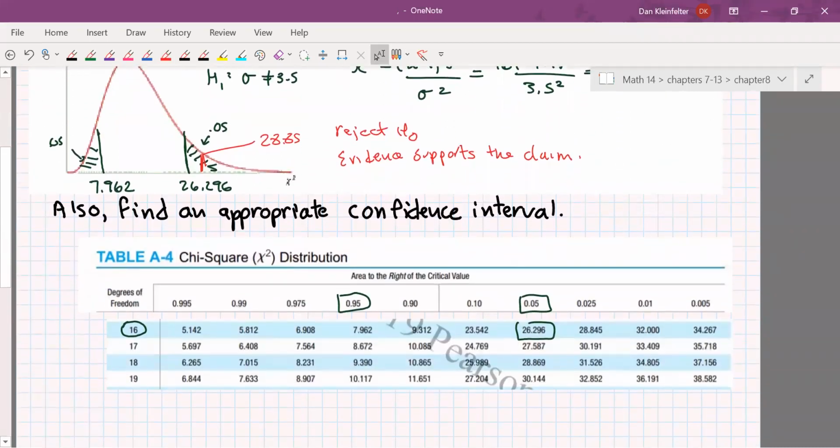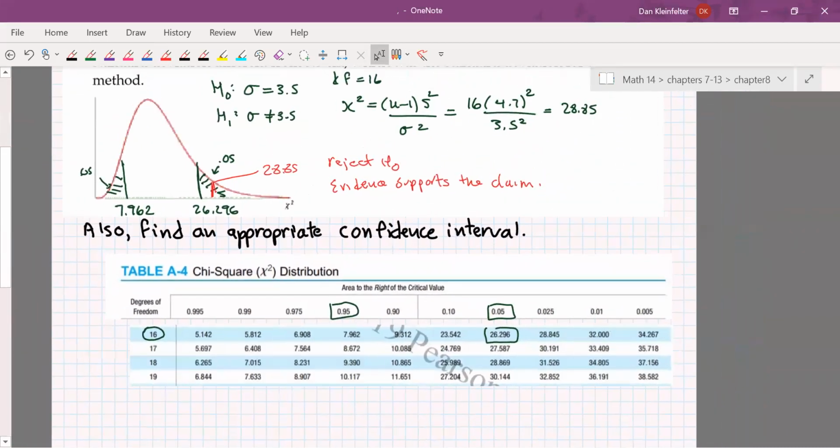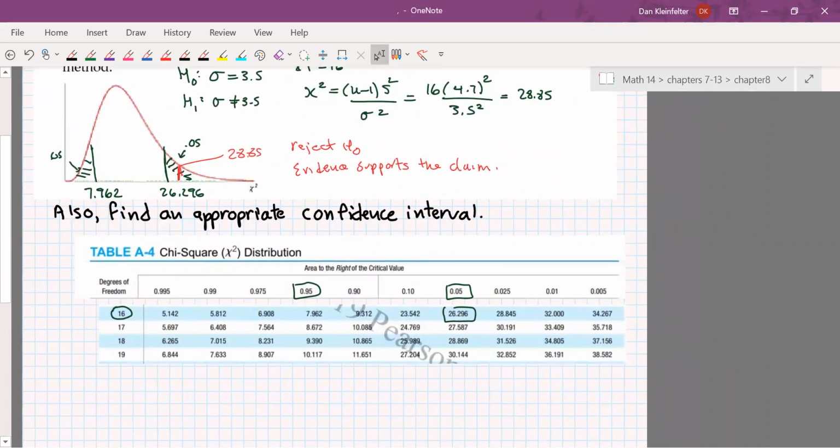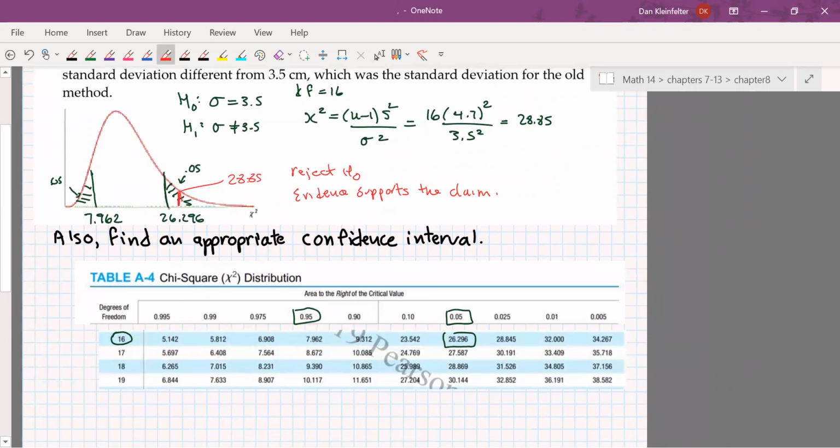All right, so then for the second part of the question, we also wanted to find an appropriate confidence interval. For this one, this test was two-sided, so we actually already have the two chi-squared critical values written down. So let me go ahead and fill out the rest for you.